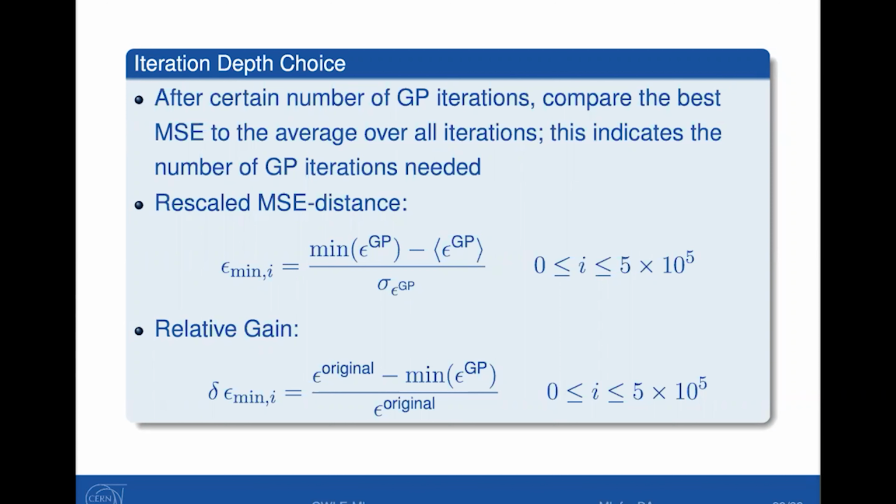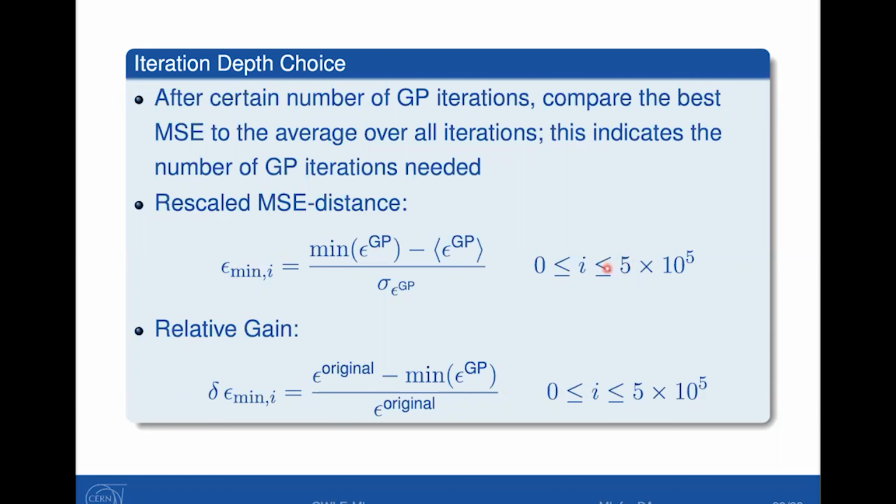Because of course it's a bit random. It's a random sampling, a Gaussian sampling. So not every Gaussian process iteration is going to make the fit that much better, or maybe even worse. So what we are going to do is define this value, which we call the rescaled distance in the mean squared error, and it's going to compare the minimum of the Gaussian process up to some point.